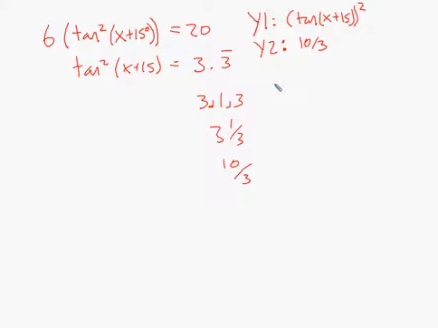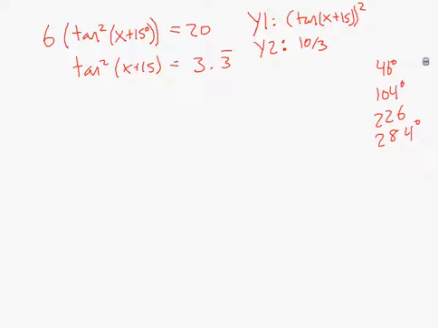Okay, so GSolve intersect. From my calculator, I get about, I'm going to round to the nearest degree, 46, 104, and 226, and finally 284 degrees. So those are our 4 answers.